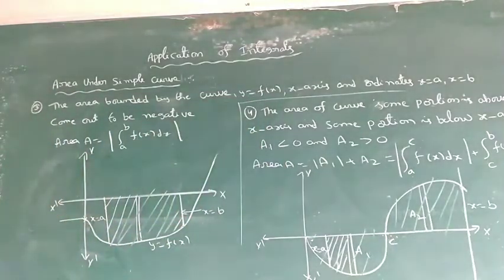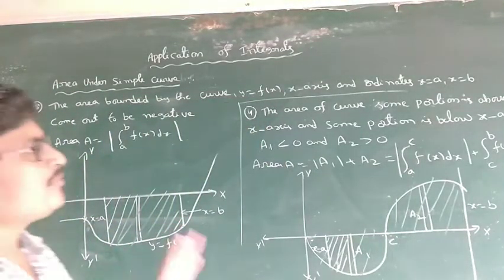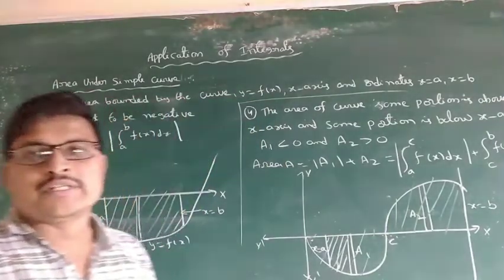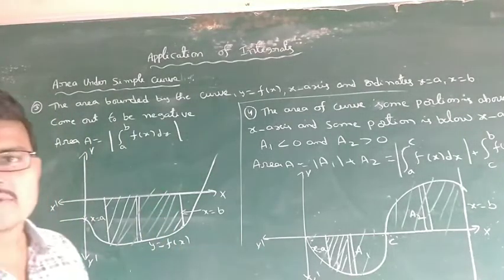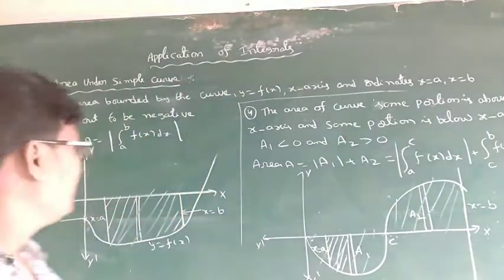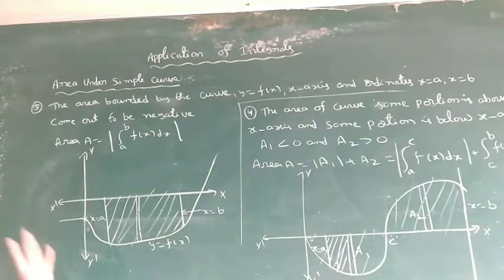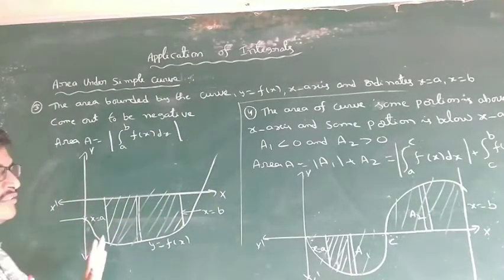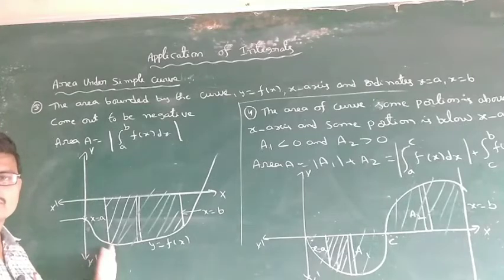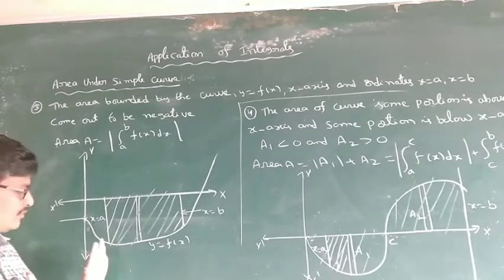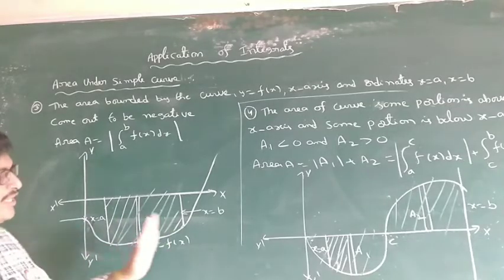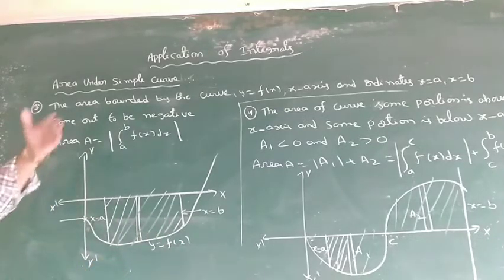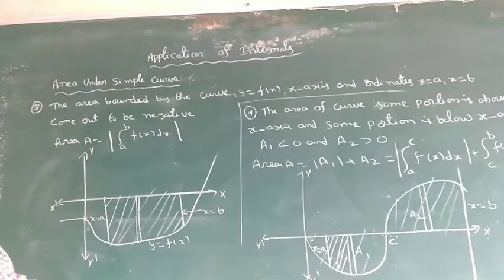So very simple. First, for the problem that is given, observe the curve. Which type of curve is it? Draw the graph. For the limits, starting from which value, for example A, and ending at B. From starting to ending, is it totally above the x-axis or below the x-axis?